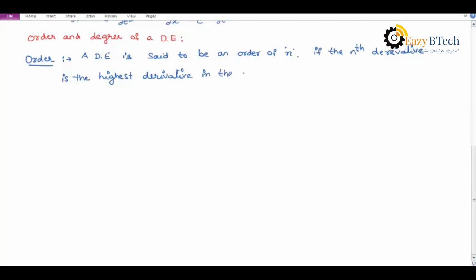So the nth derivative is the highest derivative.